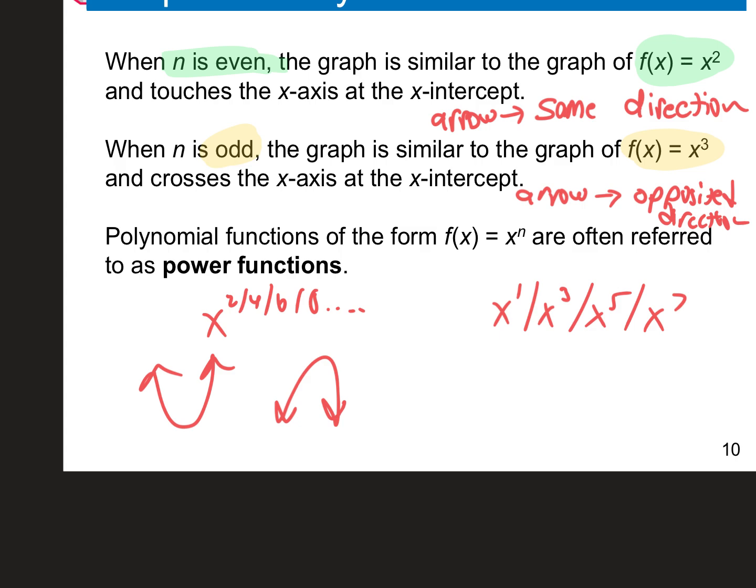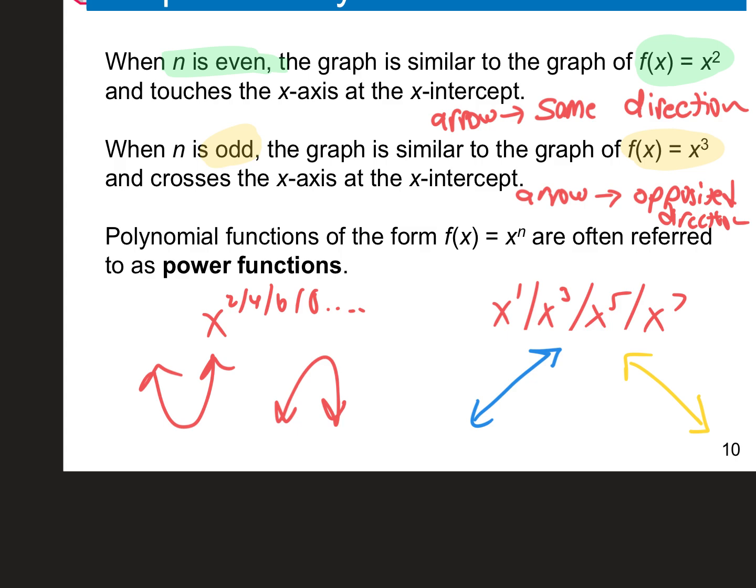Is a basic line considered odd? Is the highest exponent odd? Yes, first power, right? So if I have a basic line, what are the ends of the arrows doing if it's positive? They're going in that direction, right? If it's a negative line, they go in that direction, correct? That's what you need to remember right now. If your highest exponent is even, both up, both down.